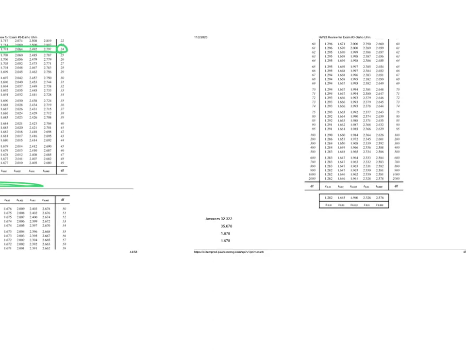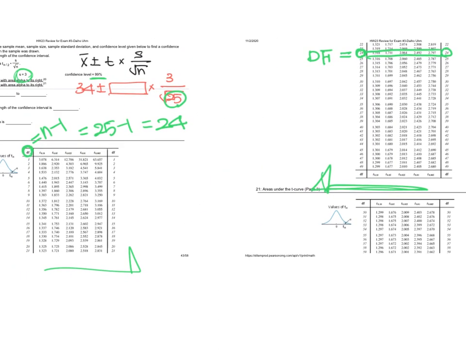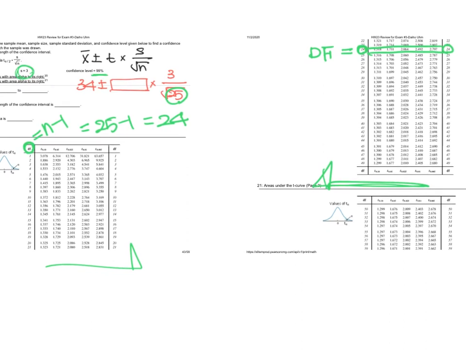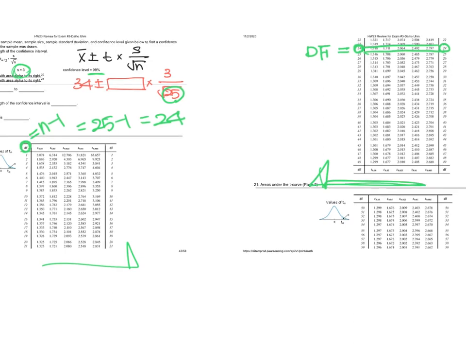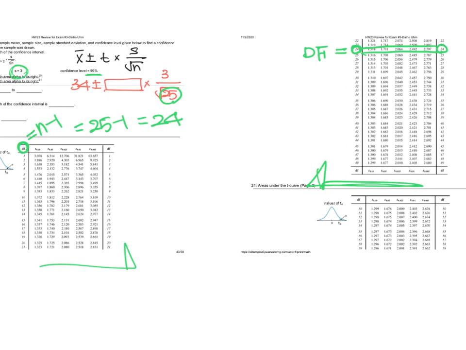This t-table is a little bit different from the t-table I gave you. The t-table I gave you is better than this one because there the confidence levels are at the bottom, right? So I remember the very first one was the 80%.